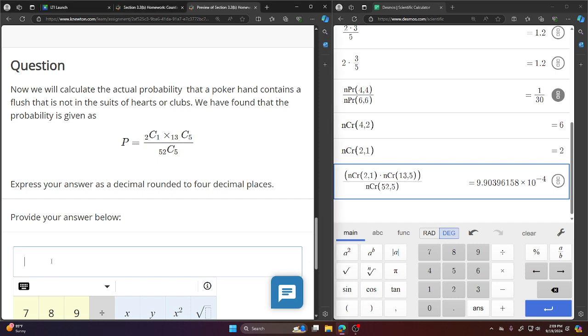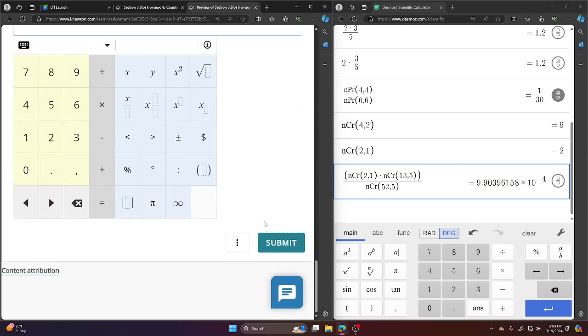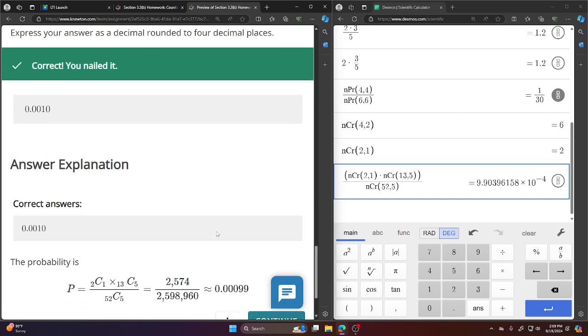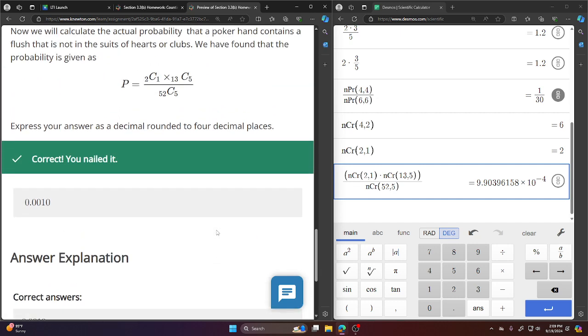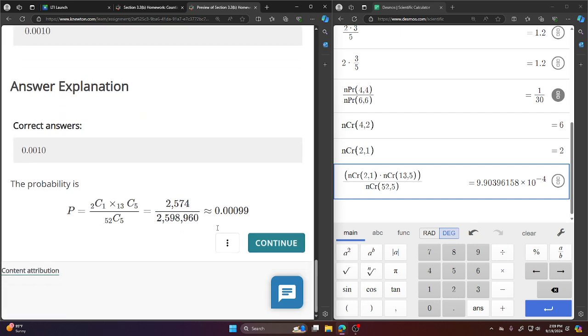Okay, so that's scientific notation. That's going to be 0.00990396, but they only want 4 decimals. So if I had a 99, wouldn't that round this one up to a 1? Like 10 essentially. Okay, yeah, there you go. Okay, cool.